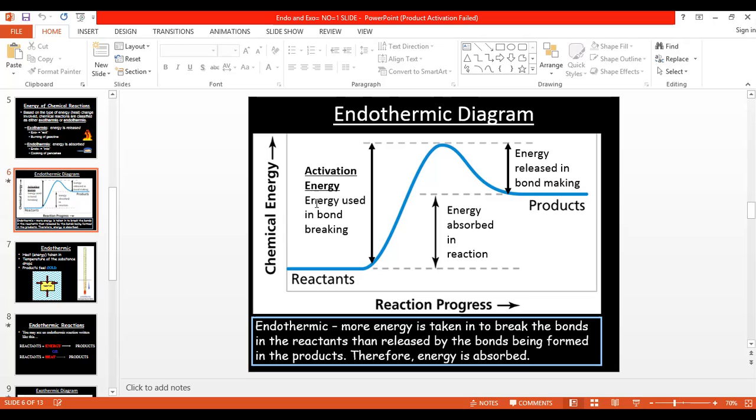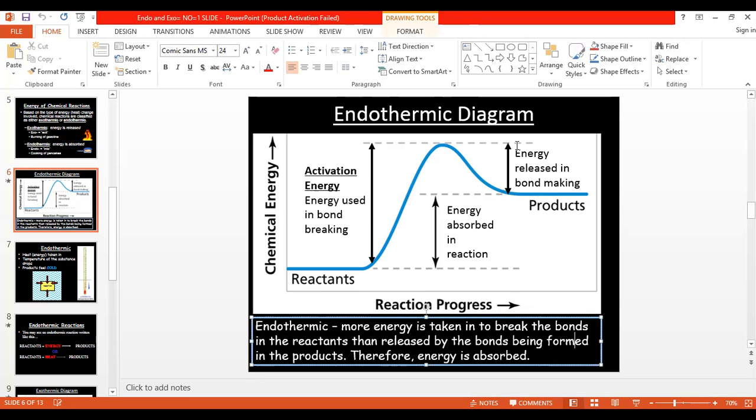So within a diagram, they show whether it is exo or endothermic in both ways. Now you can read this one: endothermic, more energy is taken to break the bonds. You can see more energy is taken to break the bond. This black arrow is higher than this smaller one. The energy in the reaction is then released by the bonds being formed.